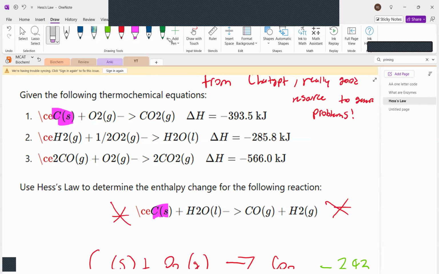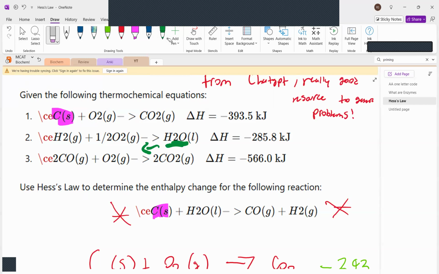Then you see water in the final, and water is on the product side, which means we're eventually going to have to reverse this. This will have to go the opposite way. You're probably not going to do anything else to that equation, because water only has 1 mole of it, so you're not going to multiply it by any integer.